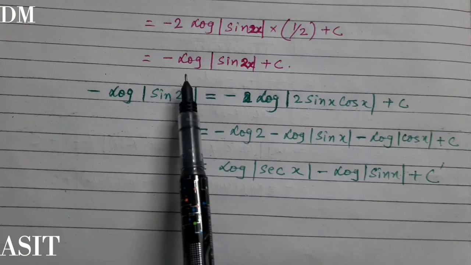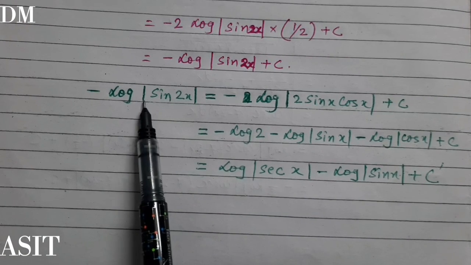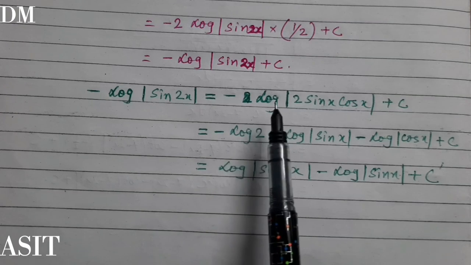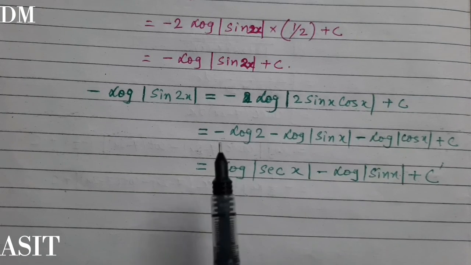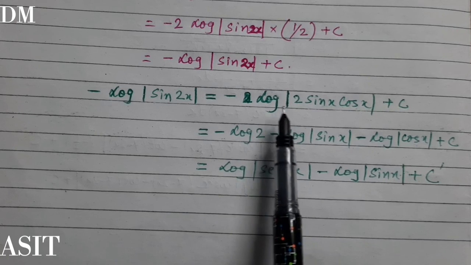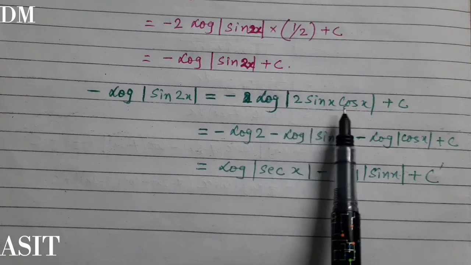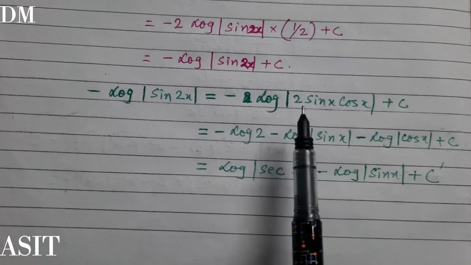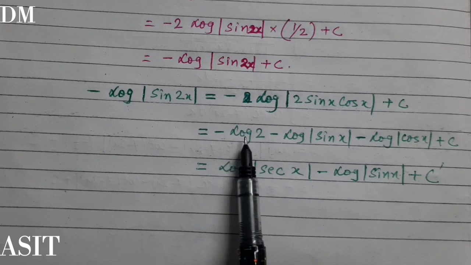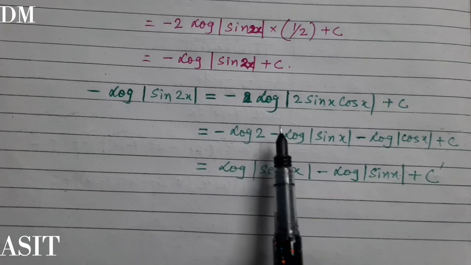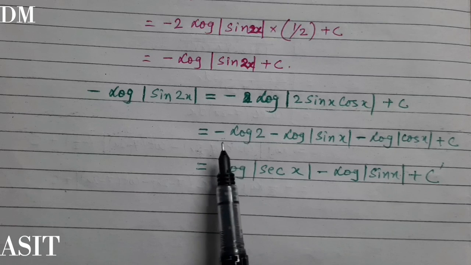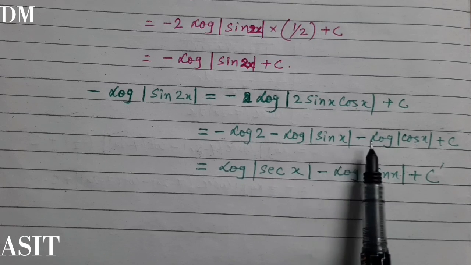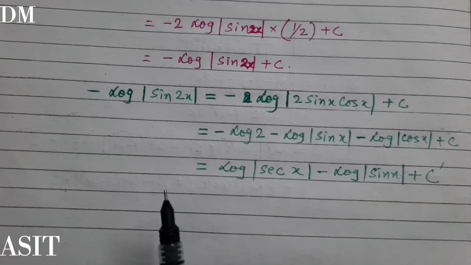Now we can write this minus log sine 2x as minus log of mod 2 sine x cos x plus c. Since there is a multiplication inside the log, we can add them outside the log. That means minus log 2, and since there is a minus, the minus will also distribute. So it will be minus log 2 minus log mod sine x minus log mod cos x plus c.